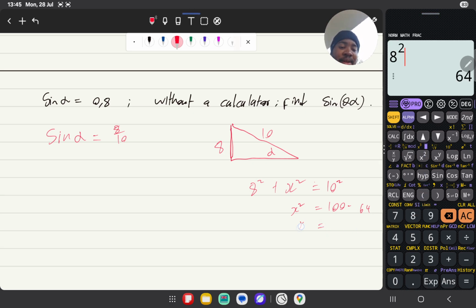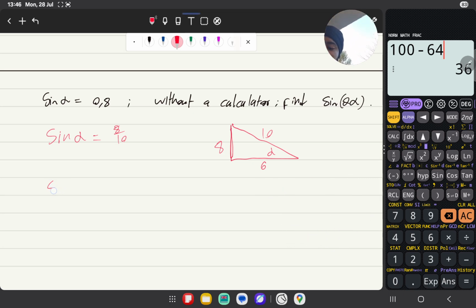Then x squared equals 36, and therefore x equals 6. So this is going to be 6. So now I have all the sides.